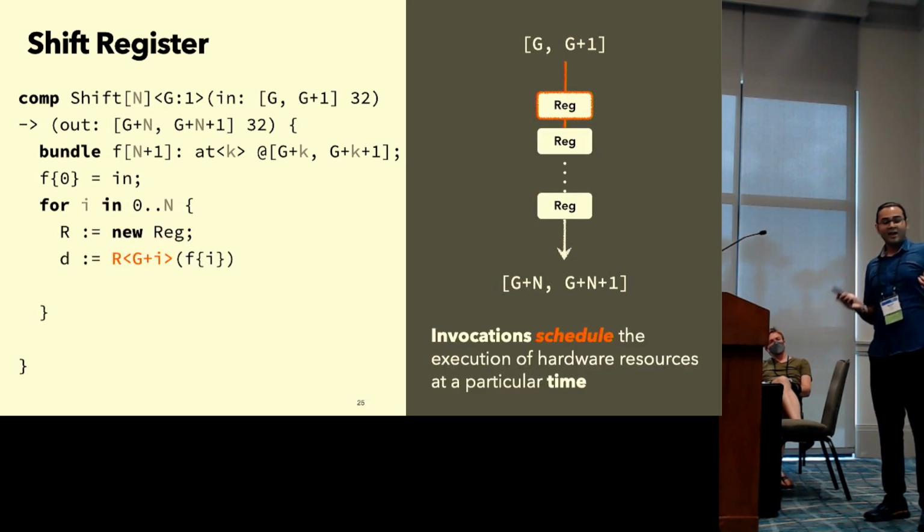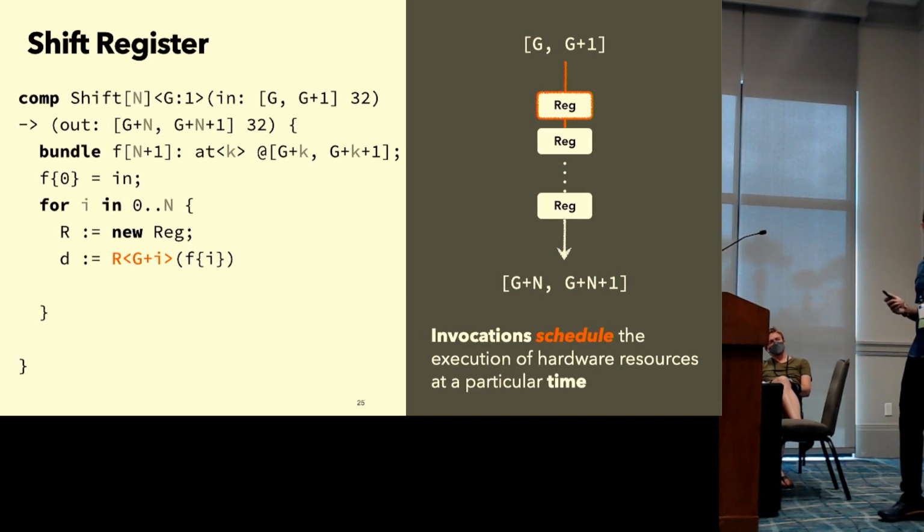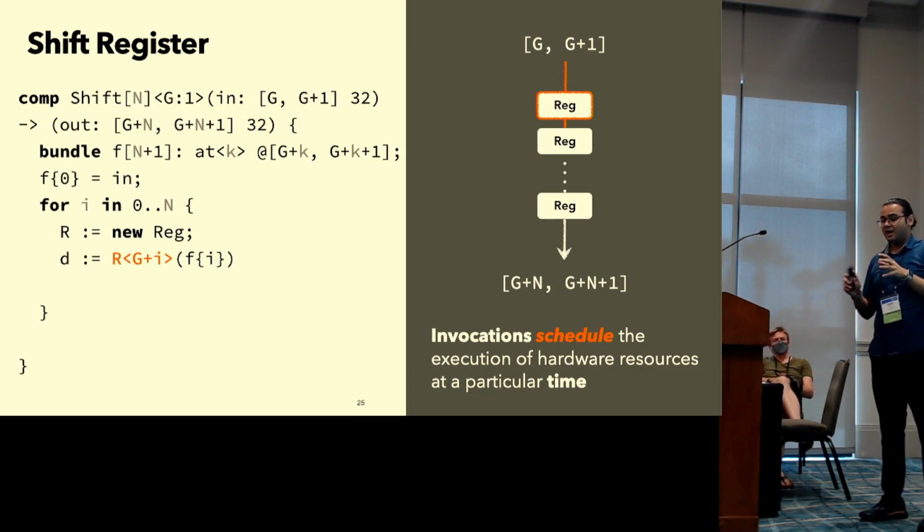And then the final other part of Filament that we use to specify timing behavior of things is called an invocation. An invocation says that I'm going to use this register in the g plus ith cycle. Invocations are different and unique in Filament because they allow you to specify some control flow using this high-level structure.